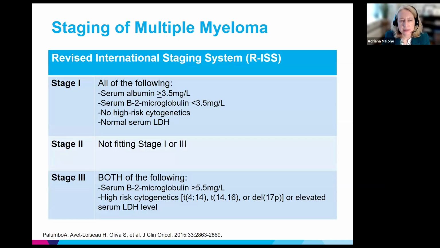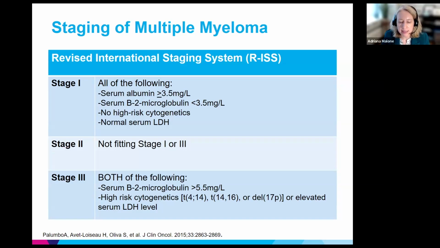Staging a diagnosis is important for prognosis as well as for determining the optimal approach to therapy for our patients. The traditional staging system was the Durie-Salmon staging system, first published in 1975. This was a traditional staging system that truly assessed the extent of tumor and/or the size of the tumor.